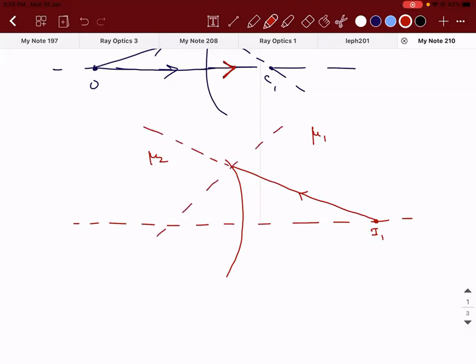At this point, you will have this as the center of curvature. Now the ray is traveling from rarer to denser again, so it starts bending like this. As it is bending, the image is assumed to be formed here. This is my assumption. This would have happened. Are you able to understand this point?